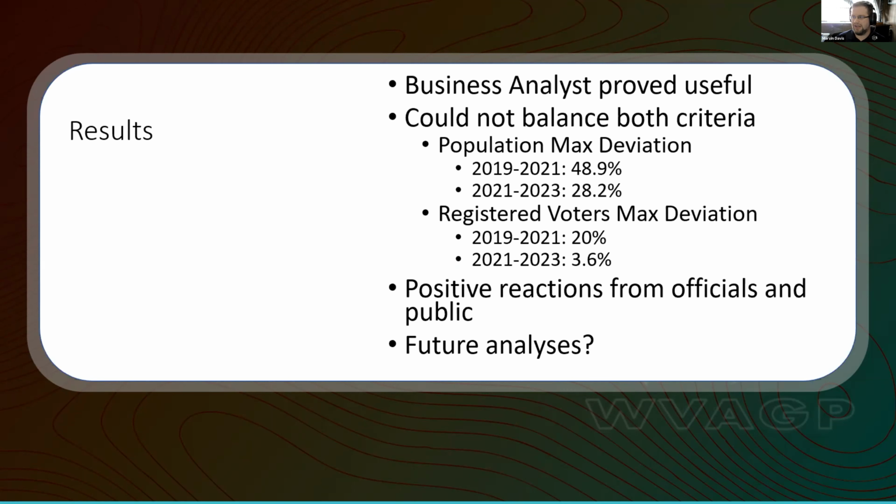How does that change the population and the balance in the wards? But ideally, right now, the idea is in 2022, we will do this process again, utilizing the 2020 decennial census, and hopefully have a more refined analysis that's not based on population estimates.